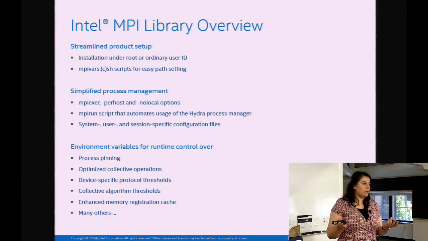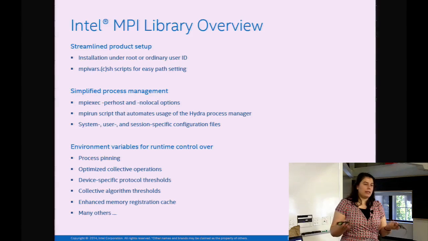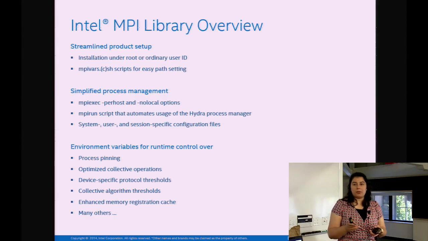It has some version of Intel MPI, most likely the latest one available, installed under, let's say, /opt/intel. If I want to test a different version, I can easily install that package under my home directory and then switch between the two as I'm running my jobs. It's pretty much just running a set of scripts in your environment.